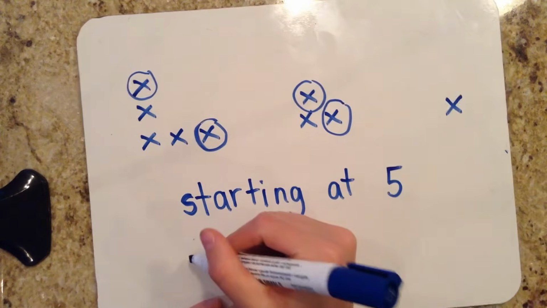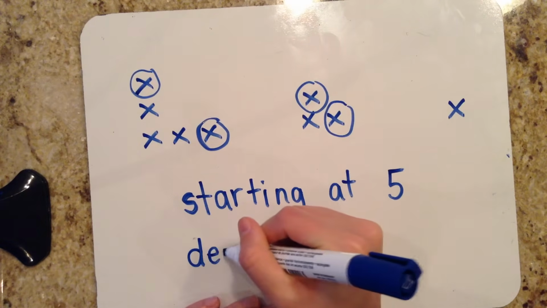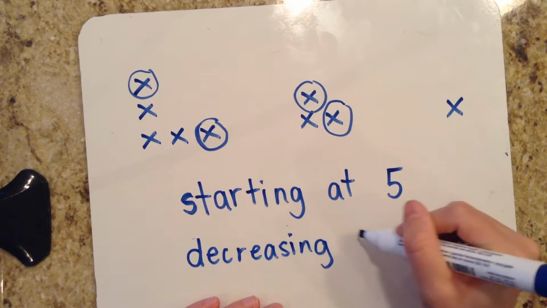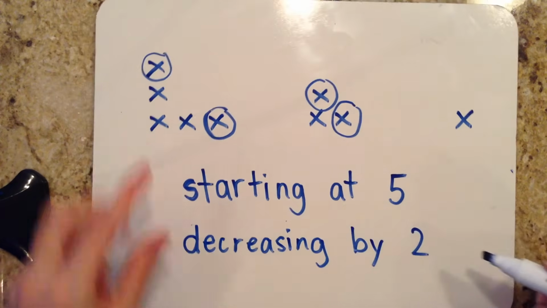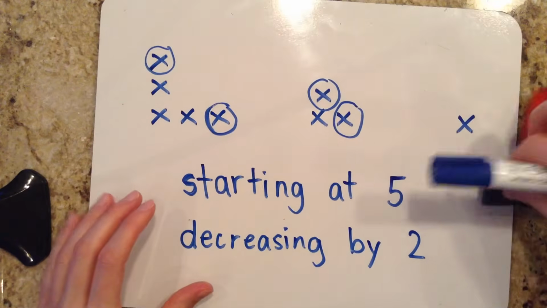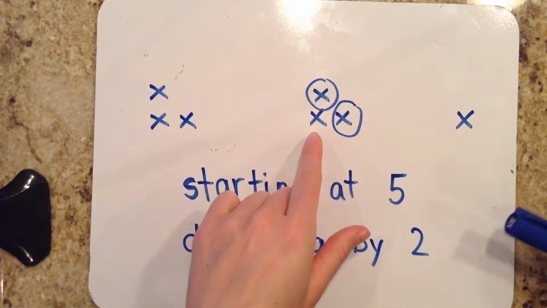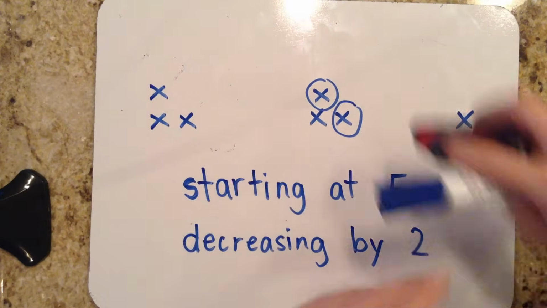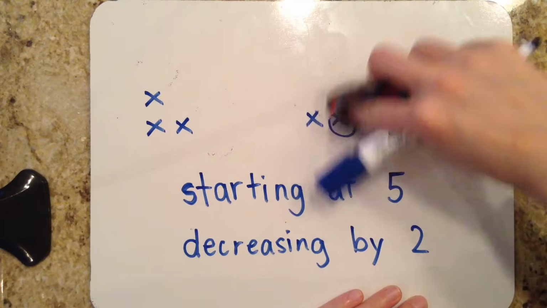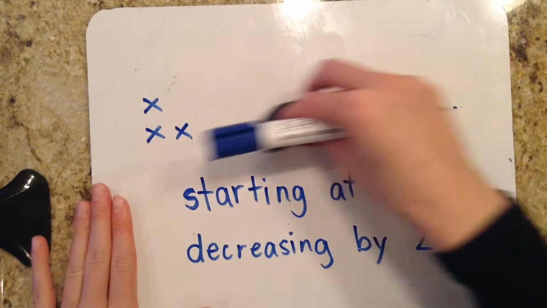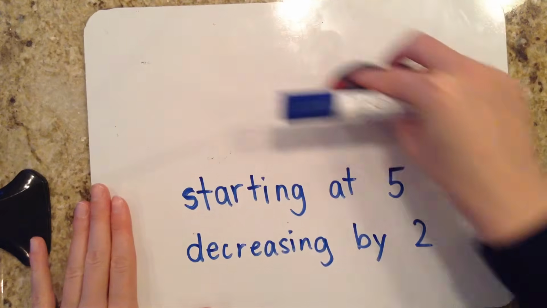That must mean every time I move to the next term, I'm getting smaller or decreasing by 2. I take 2 away. Watch, if I take 2 away here, now it looks like this term. And if I take 2 away from this one, it looks like the third term. Every time you shift, you have to take the same amount away.